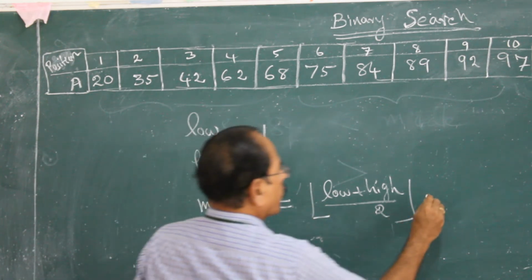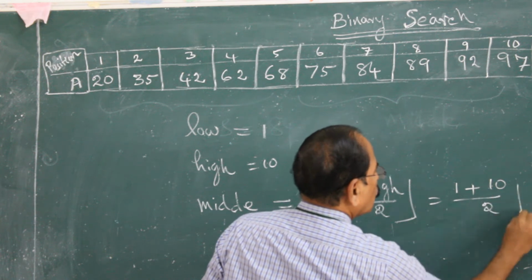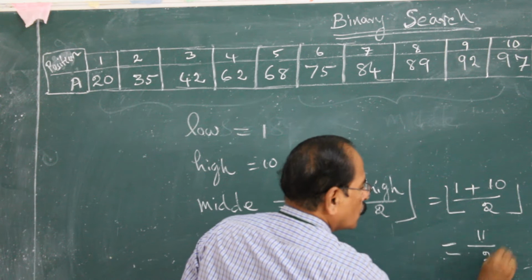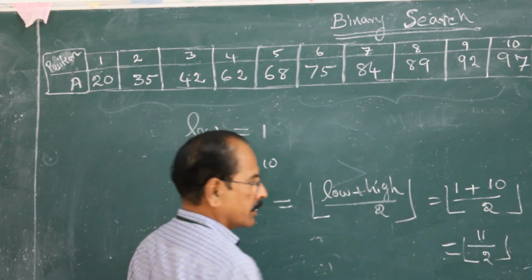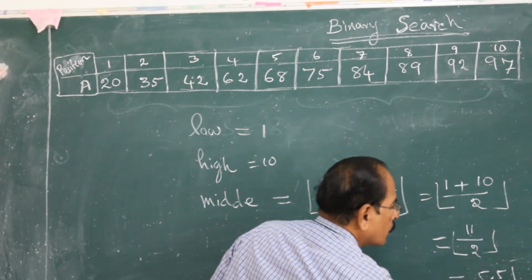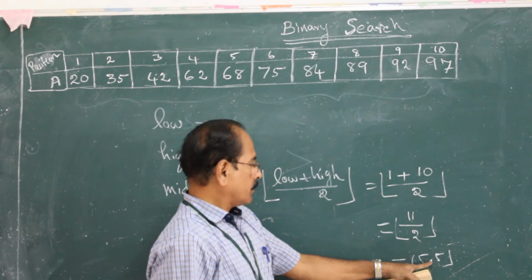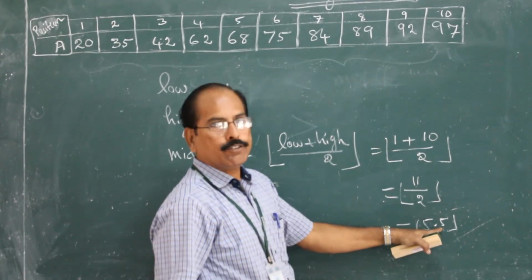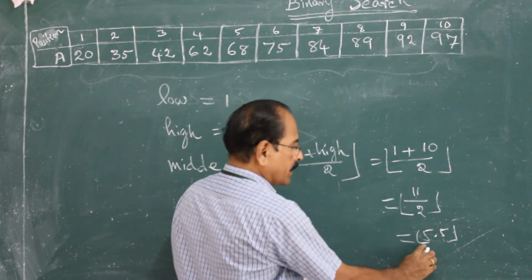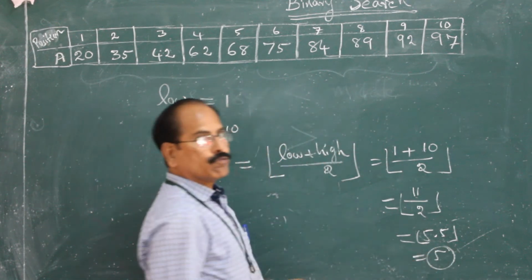Here low equal to 1, high equal to 10, so 11 divided by 2 with floor. 11 by 2 is 5.5. The floor means whatever is after the decimal point will be removed or ignored. So when we apply the floor, it becomes 5. So the mid position is 5.